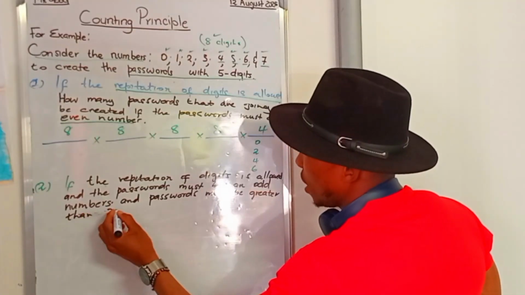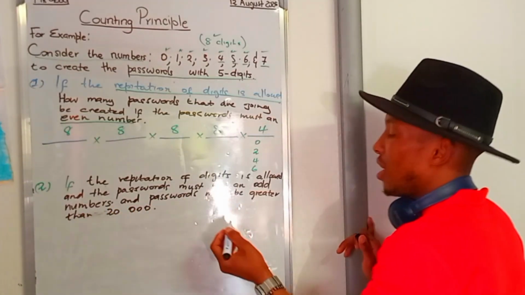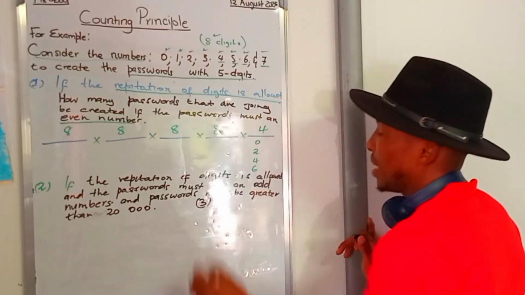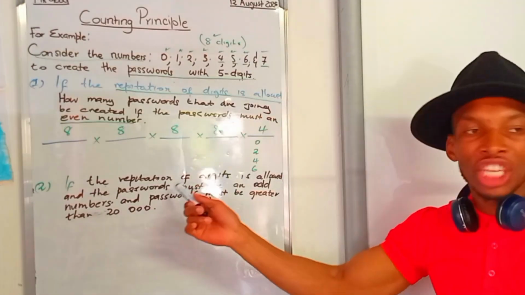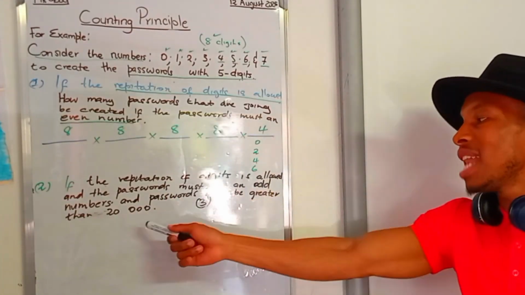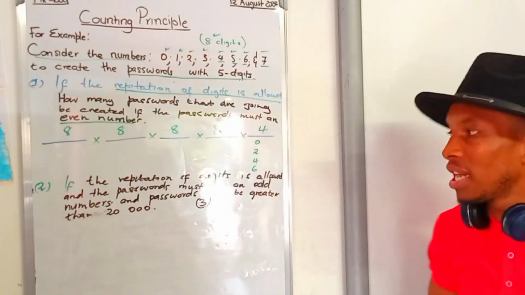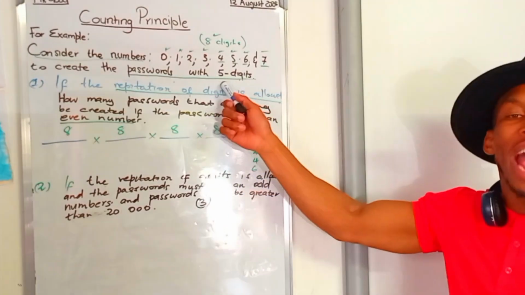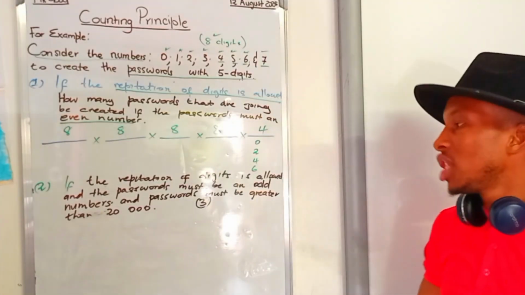Then it's going to be maybe 3 marks. The repetition of digits is allowed. The password must be an odd number, and the password must be greater than 20,000. Remember, the password must have 5 digits. Therefore, how many passwords are going to be created?